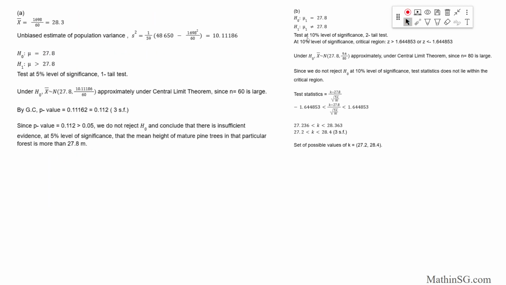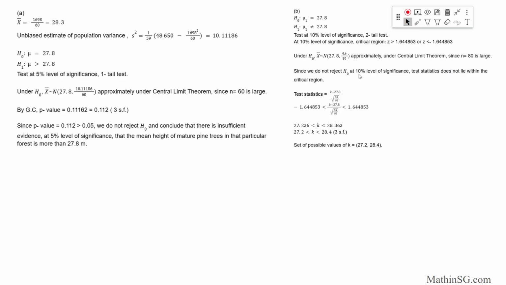At 10% level of significance, we need to find the critical region, so you just use your inverse norm with mu equals 0 and sigma equals 1, and you'll find that your critical region is z greater than 1.644 or z lesser than -1.644. You need to write this because they didn't say there's a normal distribution, so you need to write out the standard statement for central limit theorem.